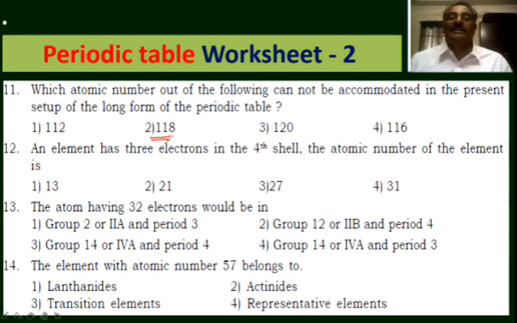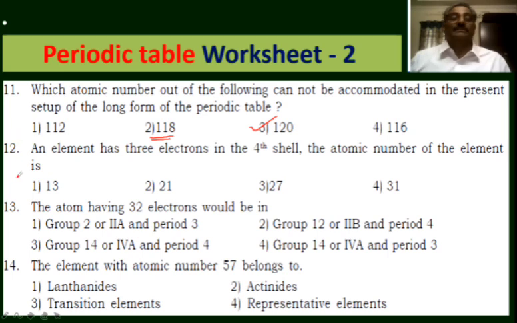So only the first 118 elements are accommodated. So the element with atomic number 120 cannot be accommodated in the present setup. We need to add one more period to accommodate it. So the third option is the right option here.